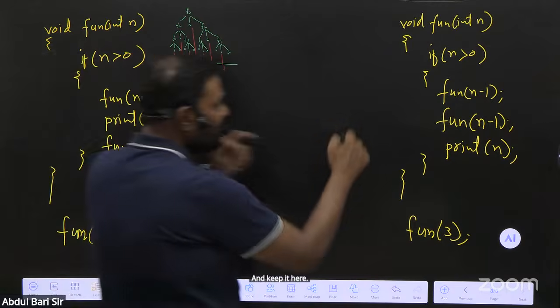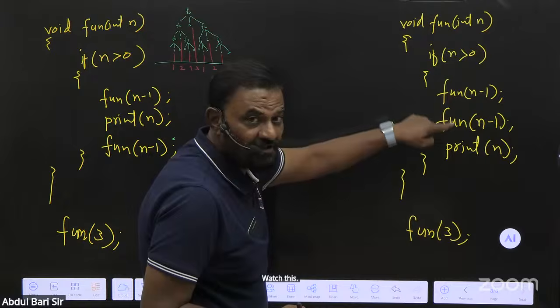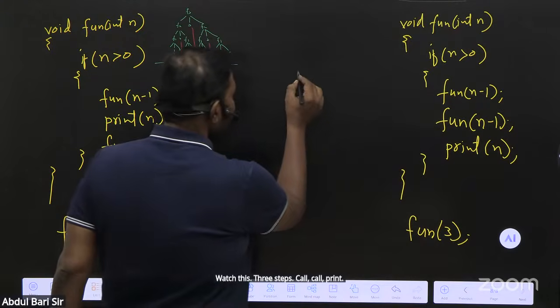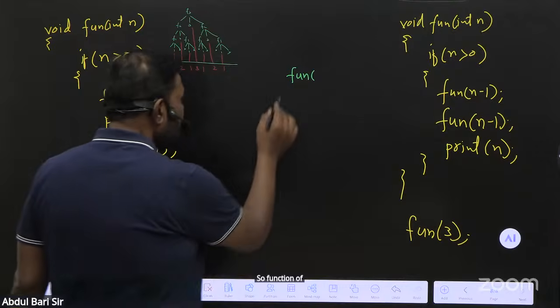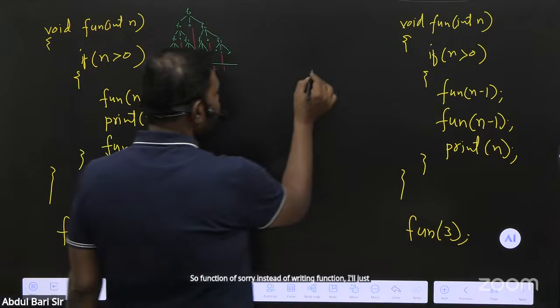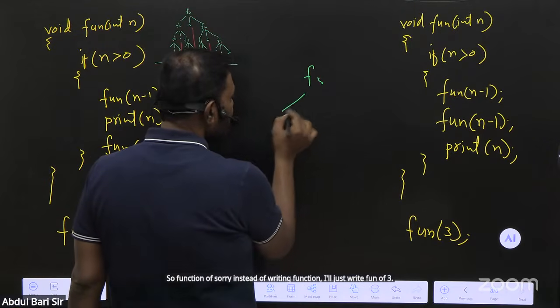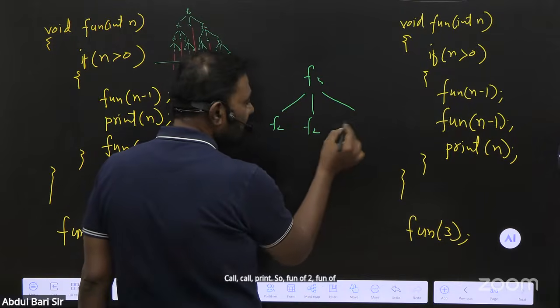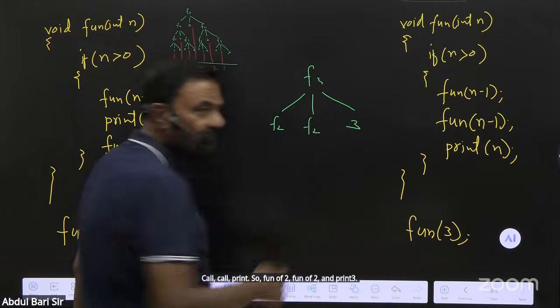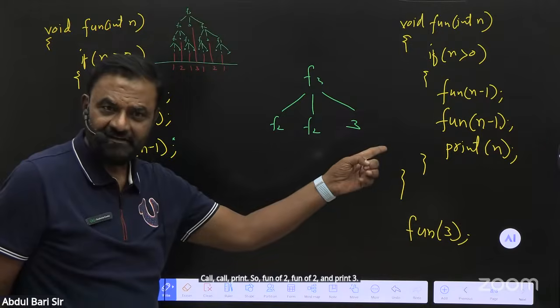Watch this. Three steps. Call, print. So instead of writing function, I'll just write fun of 3. Call, print. So fun of 2, and print 3. I have filled the level.